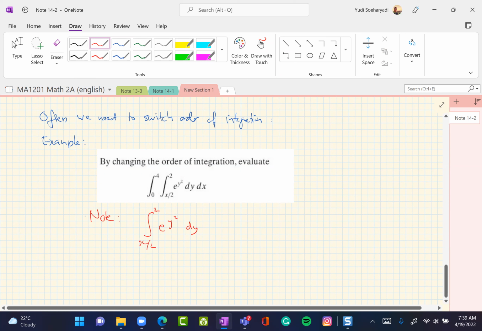If you try to carry out this integral, it's impossible because e to the y squared does not have an antiderivative. So you cannot compute this using the fundamental theorem of calculus.